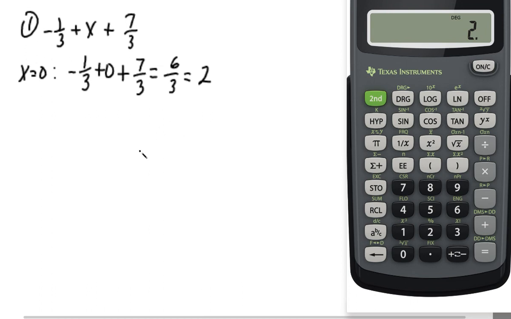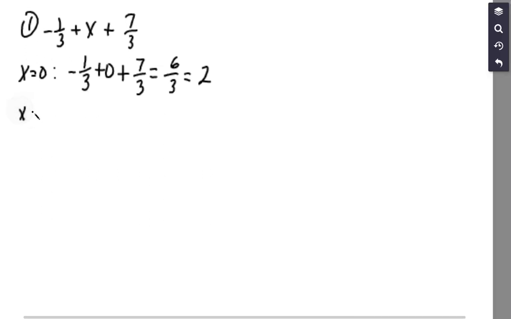All right. So then next we're going to evaluate this if x equals 1. Okay, so we're going to plug that in. So if x is 1, I'll have negative 1/3 plus 1 plus 7 over 3. Like that.